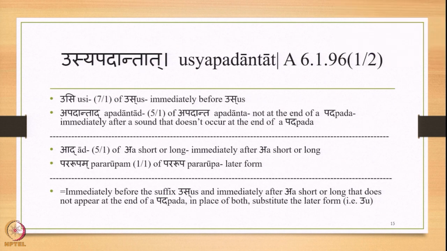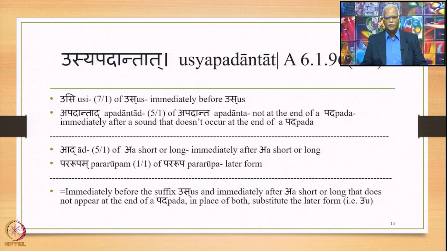Let us go to the next sutra, Usya Padantat. This is 6196. This has got two words, Usi and Apadantat. Usi is 7/1 of Us. Us is a verbal suffix. Usi means immediately before Us. Apadantat is 5/1 of Apadanta.